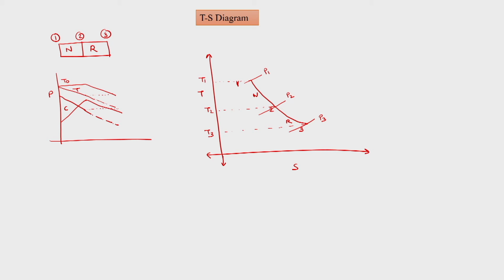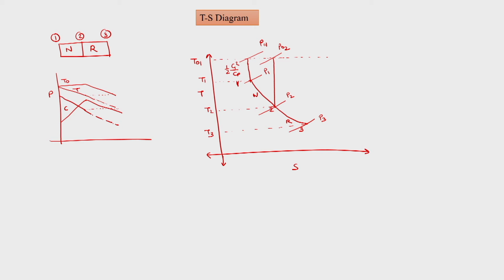But we can also put the associated velocities here. We can put half C1 squared upon Cp such that we can go to T naught 1, and then we would have P naught 1. But there is no energy interaction in the nozzle, so we would have the same total temperature at the nozzle exit also, except that due to friction the total pressure would decrease.